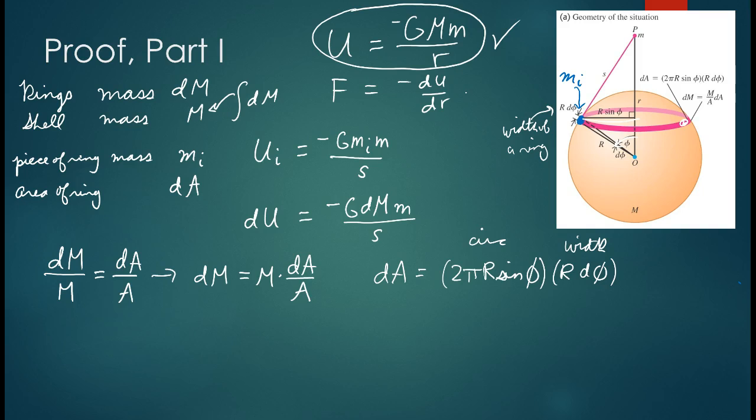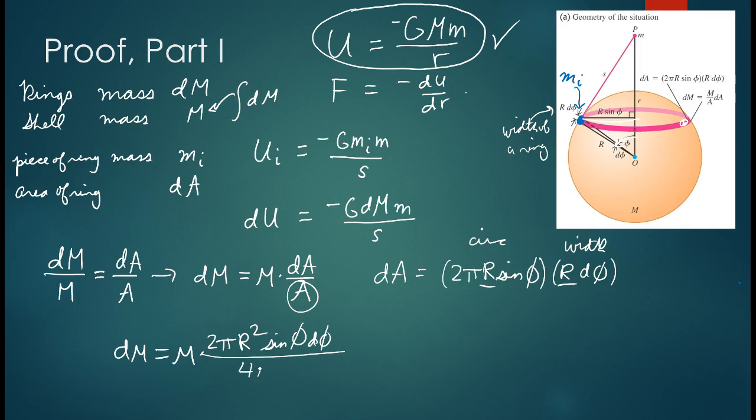Okay, so let's set this up. dm is equal to m times 2 pi r squared, because of r and r sine phi d phi, all over, let's think about this. What's A, the total surface area of this shell?